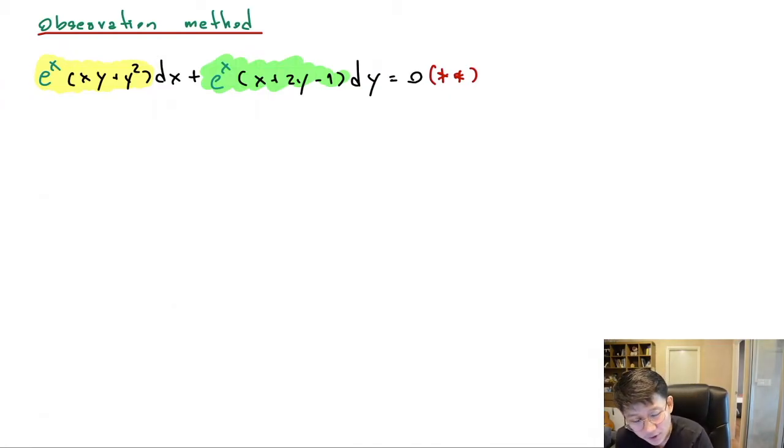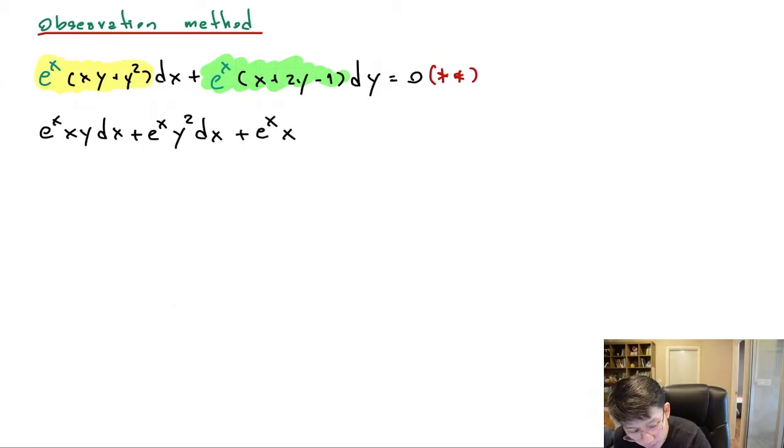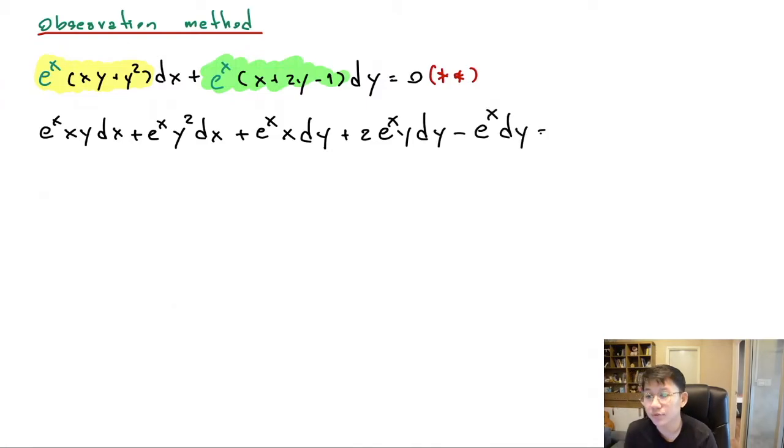and it's going to be faster if you can solve it using this method. Okay, first I'll just distribute this guy. So I have e to the x xy dx, plus e to the x y squared dx plus e to the x x dy plus 2e to the x y dy minus e to the x dy equals 0.